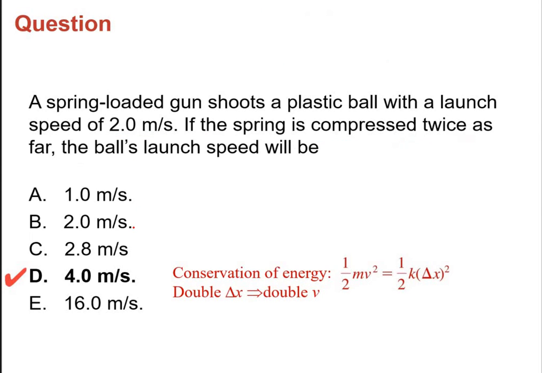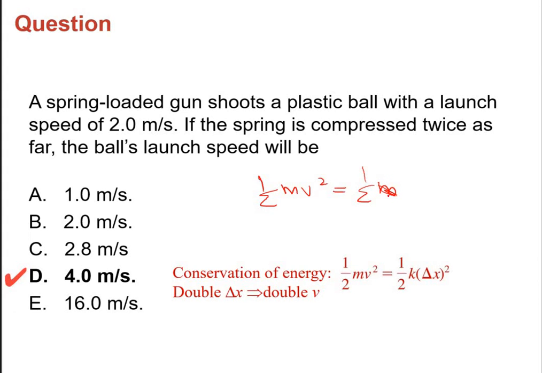Okay, so the answer is that the speed is going to double also if you double the compression. That's because if you apply conservation of energy, all of the half kx squared is going to convert into half mv squared.